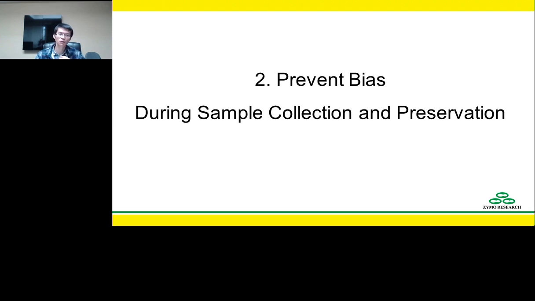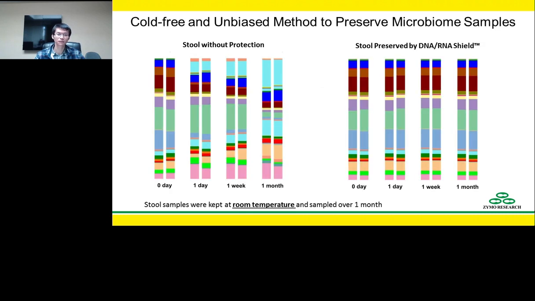Next, I will show some examples and experience of how we use tools to prevent and address bias during sample collection and preservation. As the first step of the microbiomic workflow, sample collection is of critical importance because any potential bias introduced in this step will carry over through the whole pipeline and affect the final results.